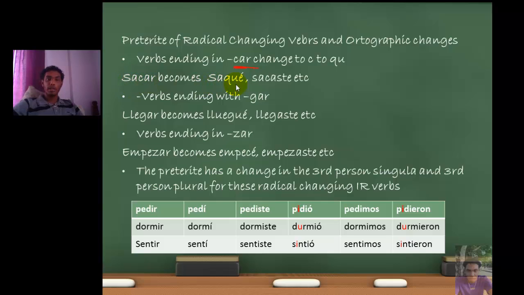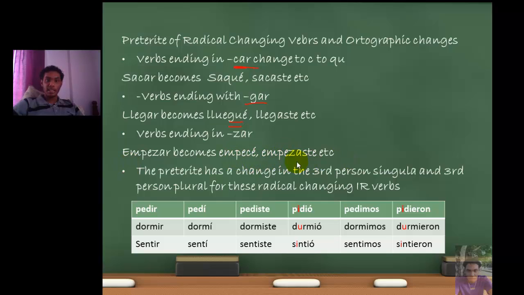So, por ejemplo, sacar becomes saqué, sacaste, etc. Verbs ending in GAR become GUE. For example, here, llegar becomes llegué, llegaste. So note these spelling changes. You can learn them here and apply them to other words.